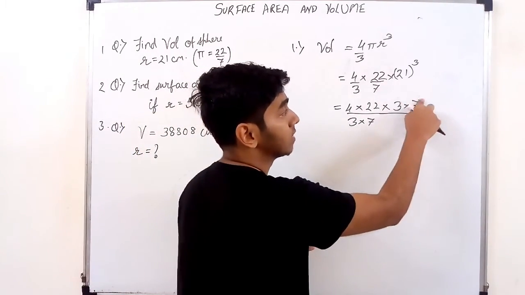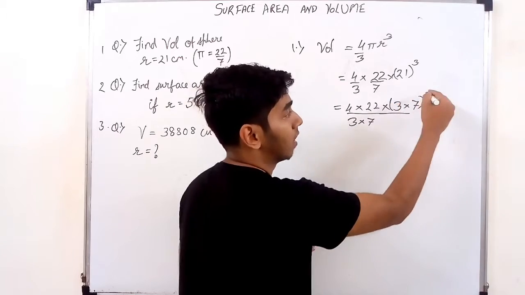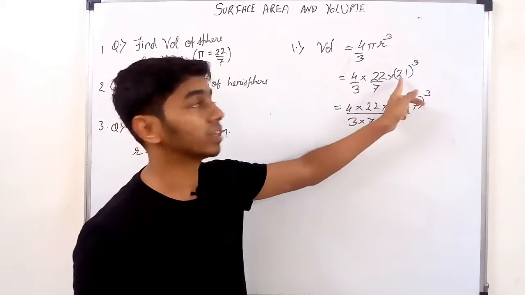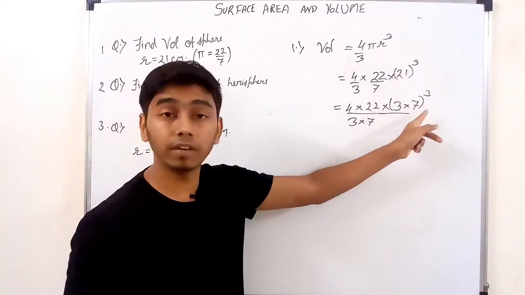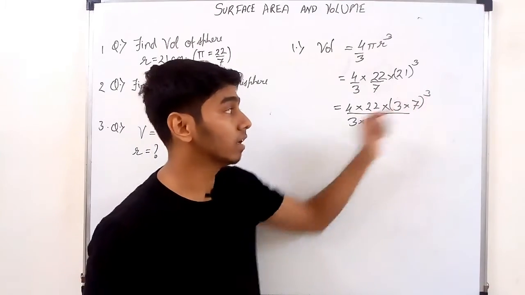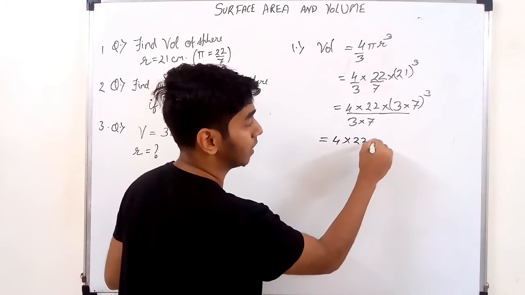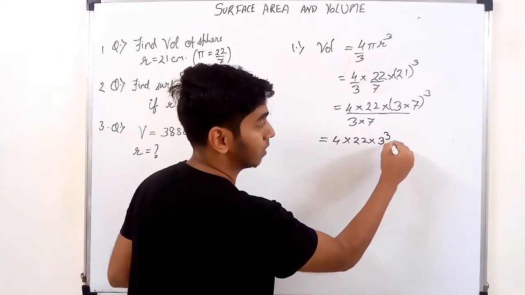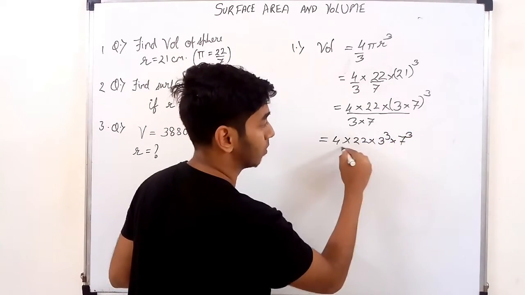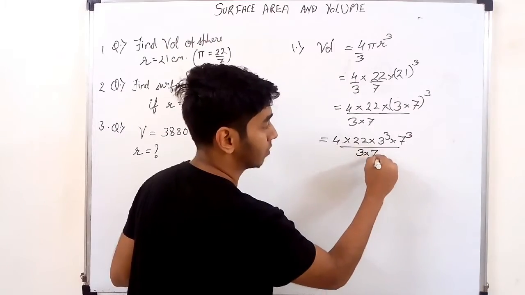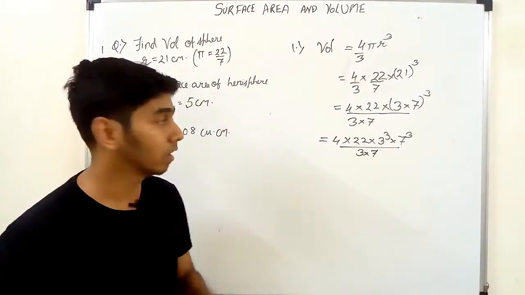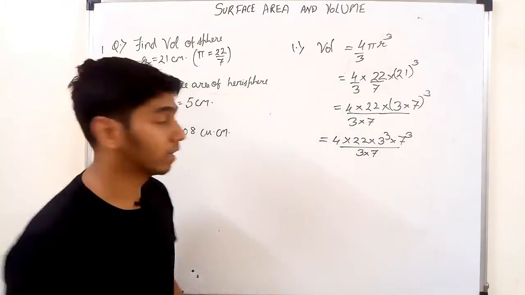Because it is like the cube of 7 into 3. So 21 is 3 into 7. In the next step, I can write 4 into 22 into 3 cube into 7 cube upon 3 into 7. So this is what we get.